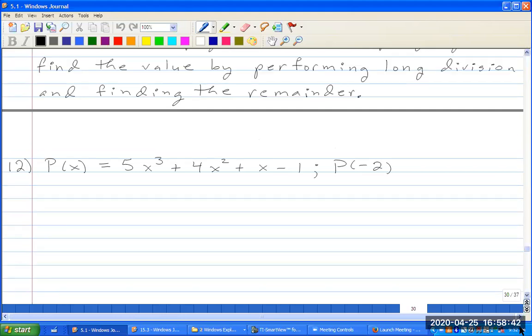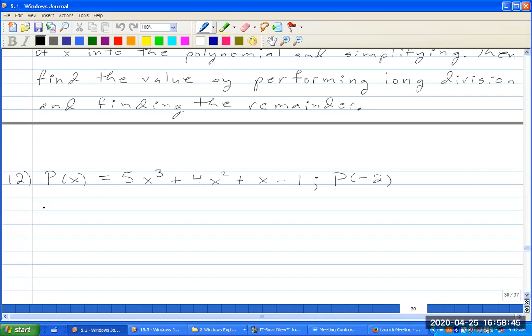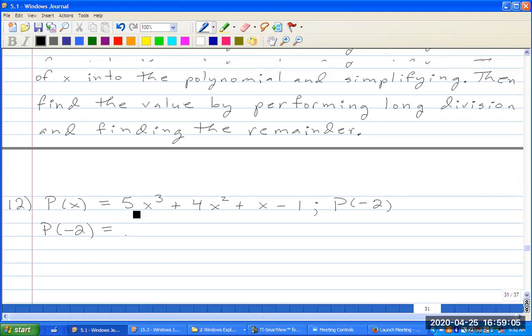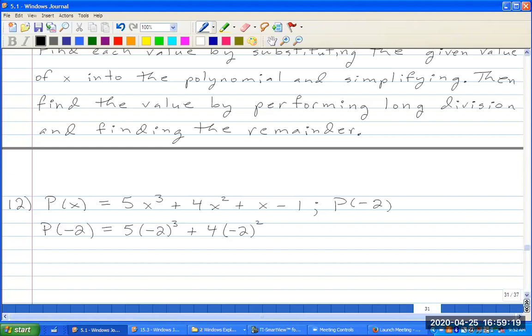Let's first evaluate p at -2. So I'm going to substitute -2 for x and then evaluate that. And so I have here 5 times -2 cubed plus 4 times -2 squared plus -2 minus 1.